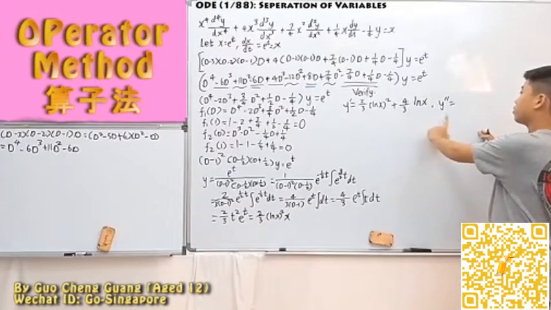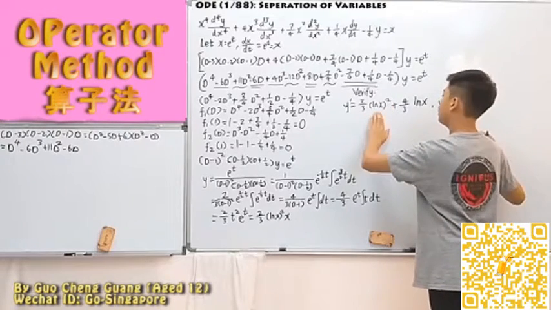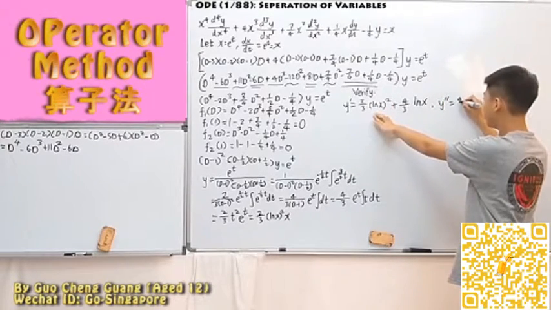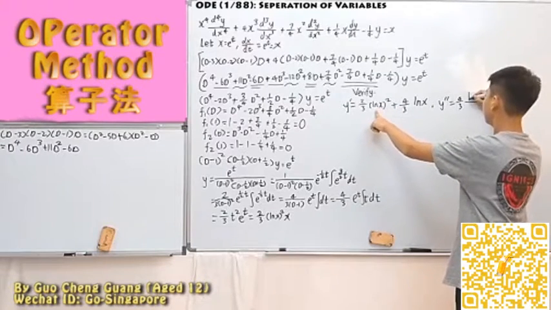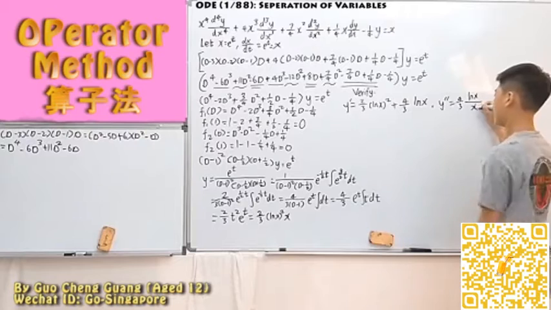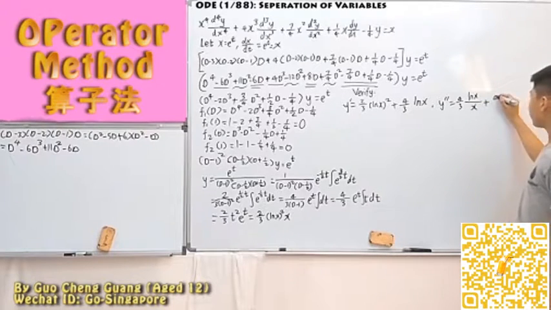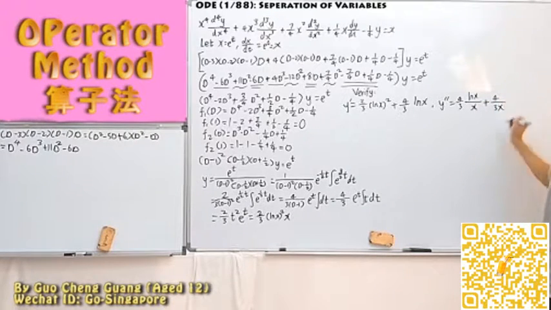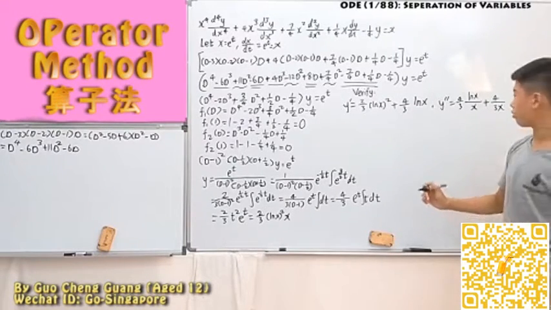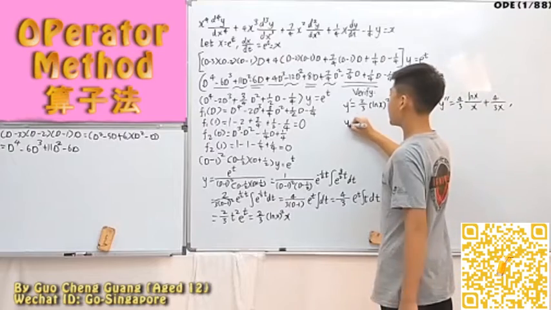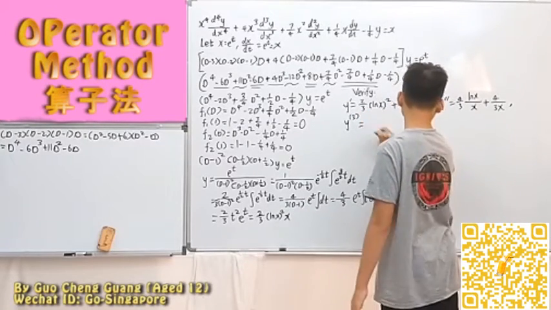So the second derivative of y that you need here, from this first part, 4 over 3 ln x over x. After here you add 4 over 3x. So this is the part that you will have. Then third derivative.